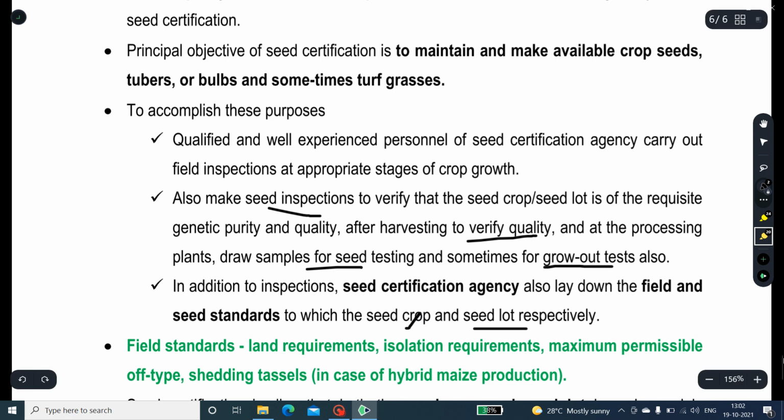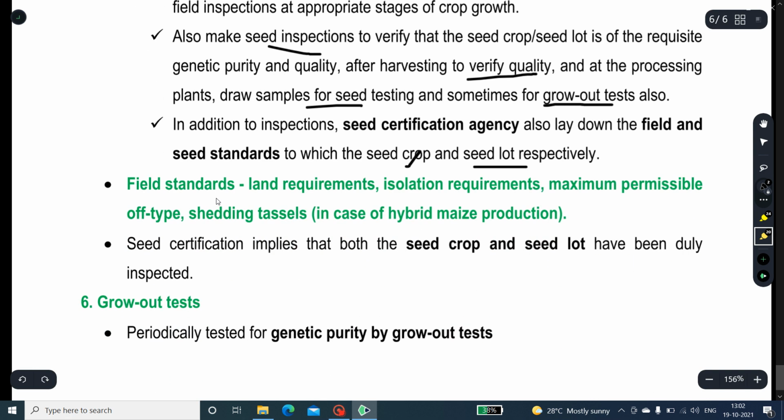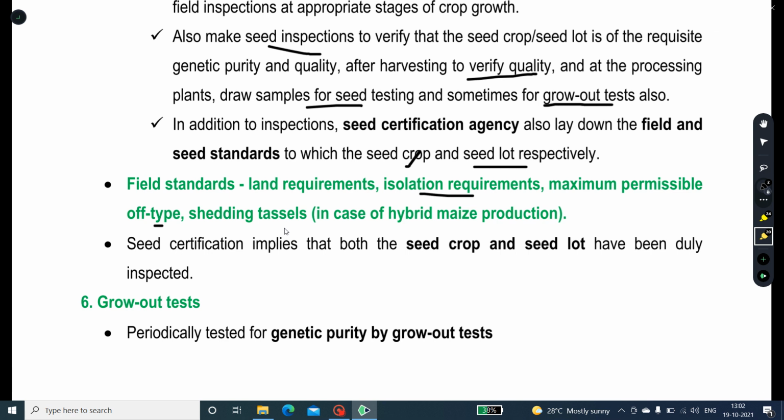What I mean by field standard and seed standard is this: field standards cover field aspects, that is the land requirement, isolation requirement for particular crops, and maximum permissible limit for off types and shedding tassels in case of hybrid seed production, etc. And seed standards are germination percentage, moisture percentage, physical purity, genetic purity, etc. And seed certification implies that both the seed crop and seed lot have been duly inspected.